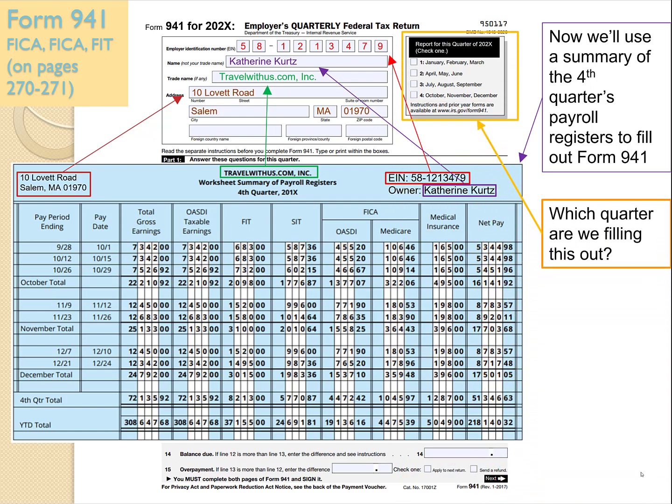Now in the upper right-hand corner, it says report for this quarter of 2020X. In other words, which quarter are we reporting on? Well, as you see, we're going to be using a summary of the 4th quarter's payroll register. So we're going to put an X for the 4th quarter.